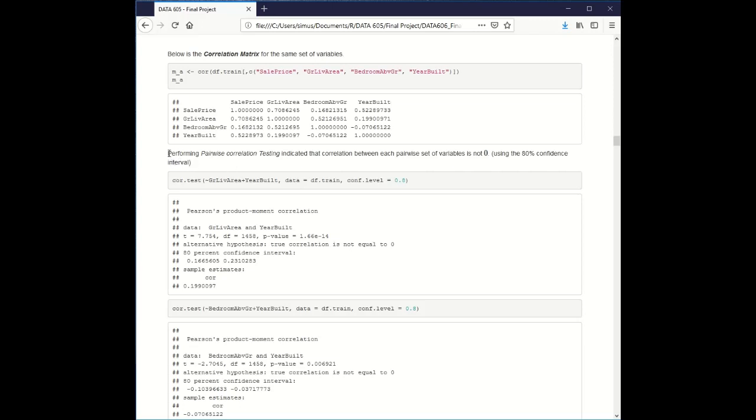Then below, I'm performing the pairwise correlation testing, and we are to show whether the test would support the hypothesis that the correlation value is 0.